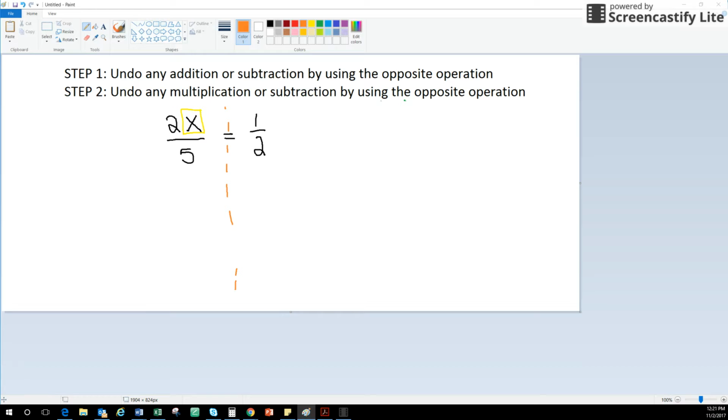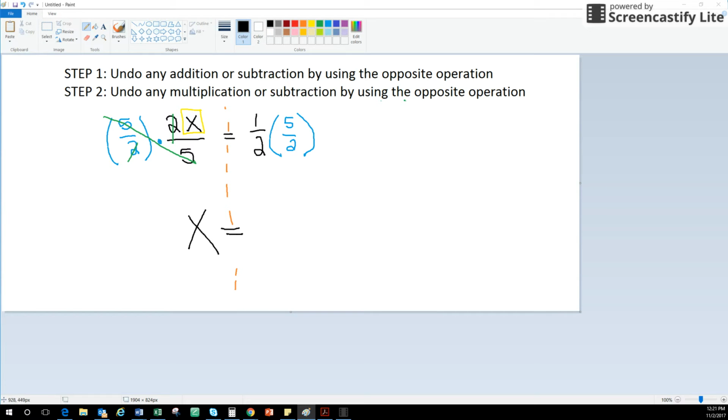Now, even though the x is on the top of that fraction, I should be thinking, okay, all that is a fraction multiplied to the x, and they're writing the x on the top. So to get rid of a fraction being multiplied, I multiply both sides by its reciprocal. So I'm going to multiply both sides by 5 over 2. That causes these guys to cross off and leave me the x.